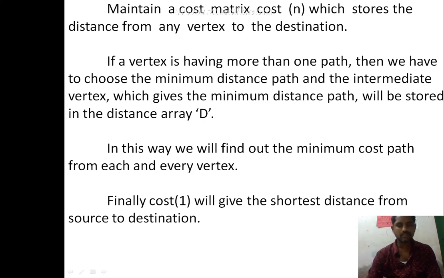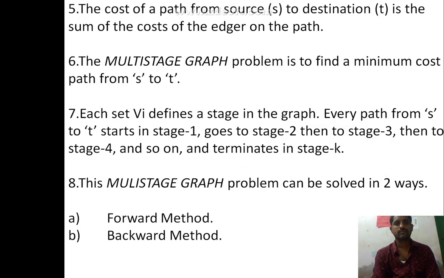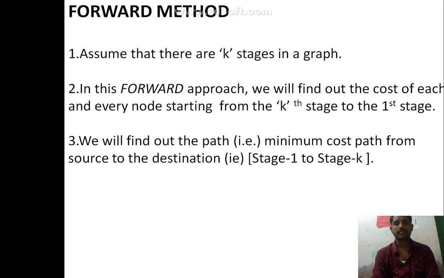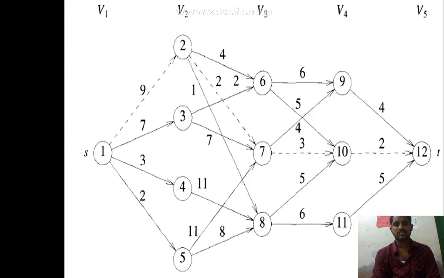So in this multi-stage graph, we can use two approaches. The first one is the forward method and the second one is the backward method. When we go for the forward method, we will find out the cost of each and every node starting from the kth stage to the first stage. The different stages are V1, V2, V3, V4 and V5.